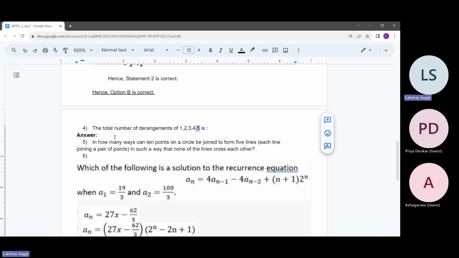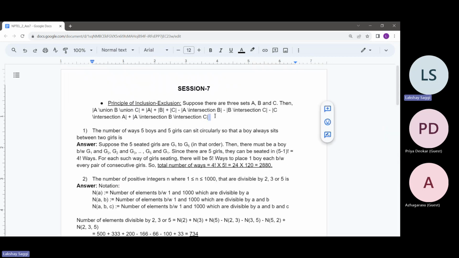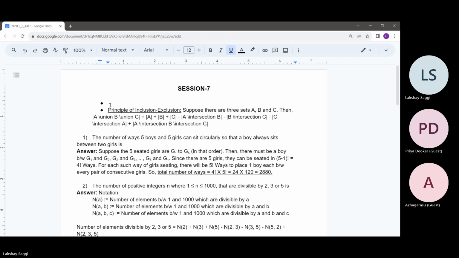So maybe I'll write this down also. What's a derangement?